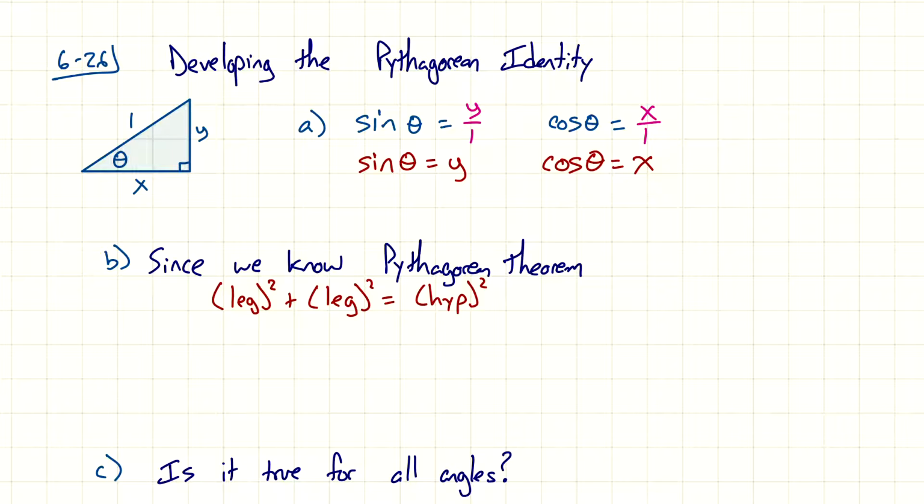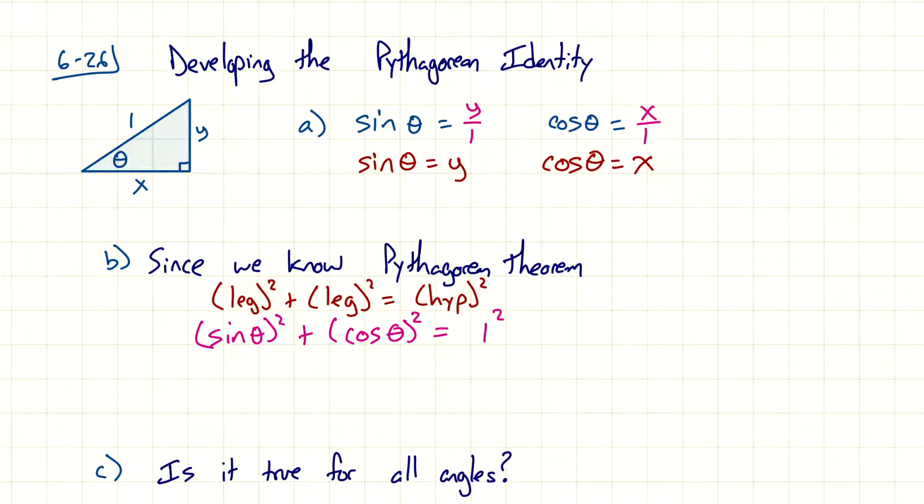So let's do that now. This is going to be sine theta squared, that's one of the legs, and we're going to put the other leg, which is cosine theta squared. And our hypotenuse in this case was 1, so this is 1 squared.